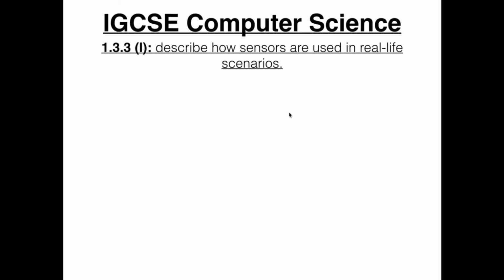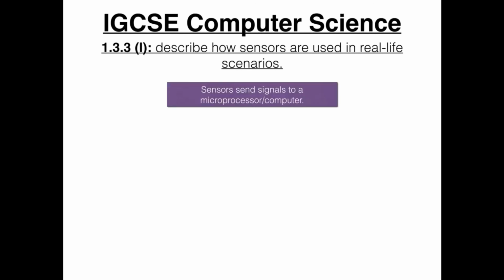So we don't know what we're going to get, and we need to practice how we can use microprocessors and sensors to control a system. That's pretty much what we're going to do in this video. We're going to do two examples and an exam question. So let's get to it.